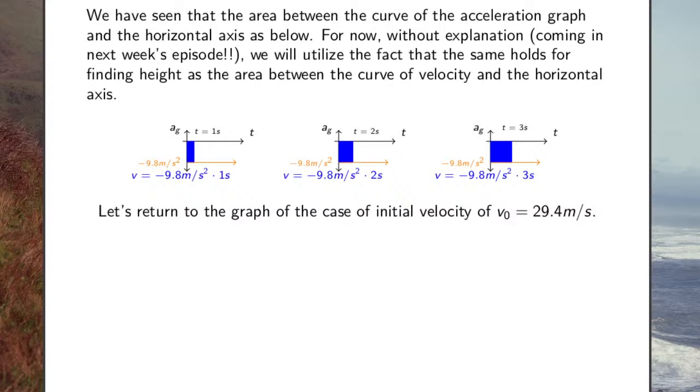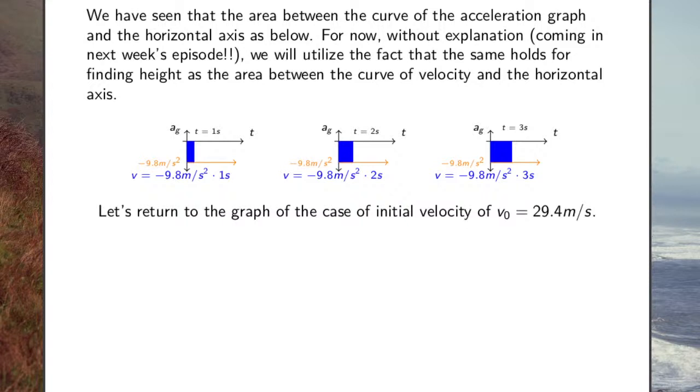So here again, we can see that if we take the acceleration graph, then velocity corresponds to the area between the graph and the axis. Now, in this case, you could say that's a coincidence, because this just happens to be rectangles, and area is length times width, and the formula just happens to be a_g times t.